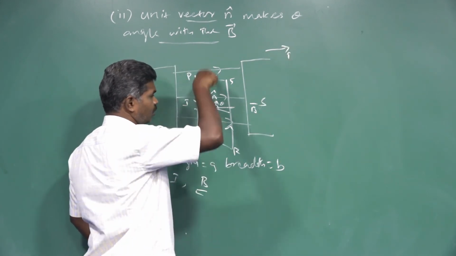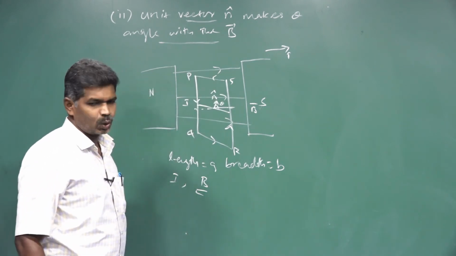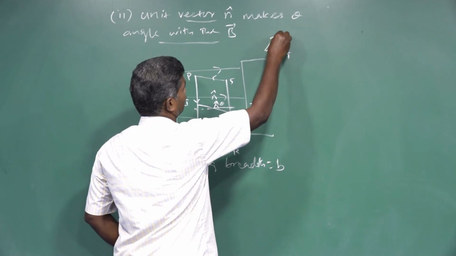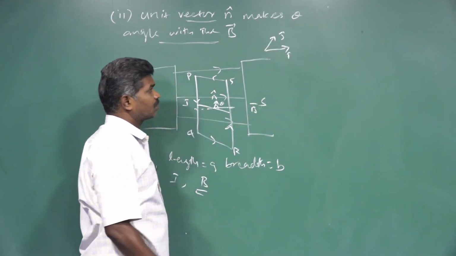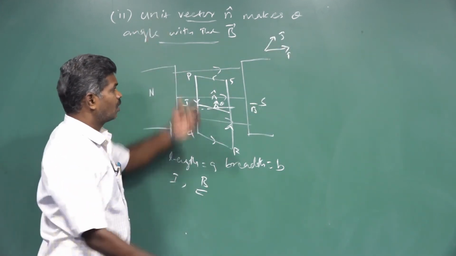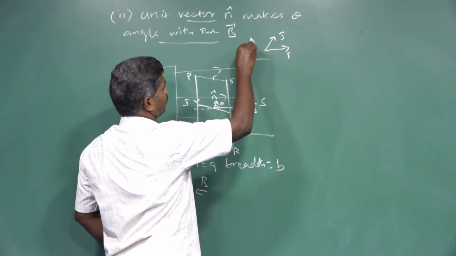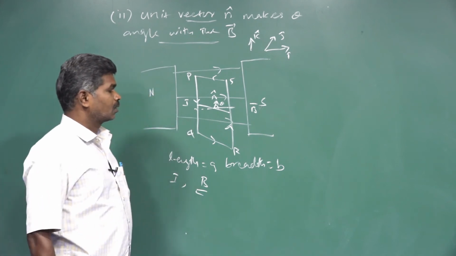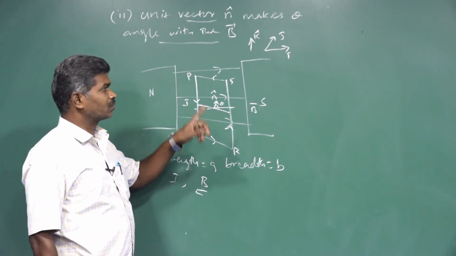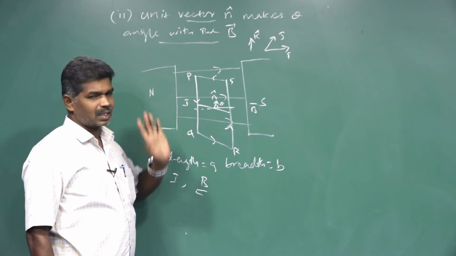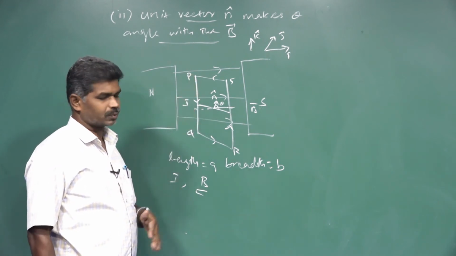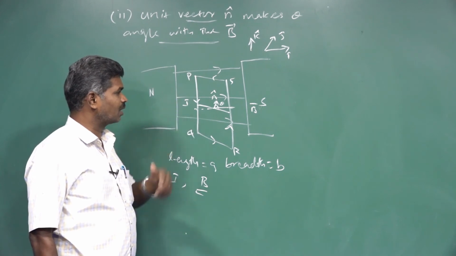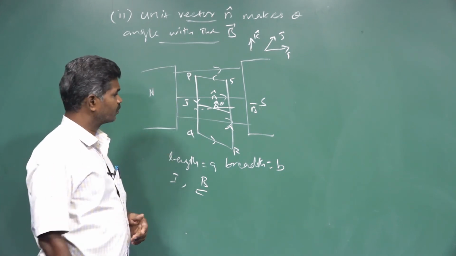The rotating axis of that rectangular loop is along the y-axis, and the upward axis is taken as the z-axis, that is k cap. But here the normal of the loop is not along that k cap direction because of its rotation. So that's why n cap makes a certain angle theta with the magnetic field.